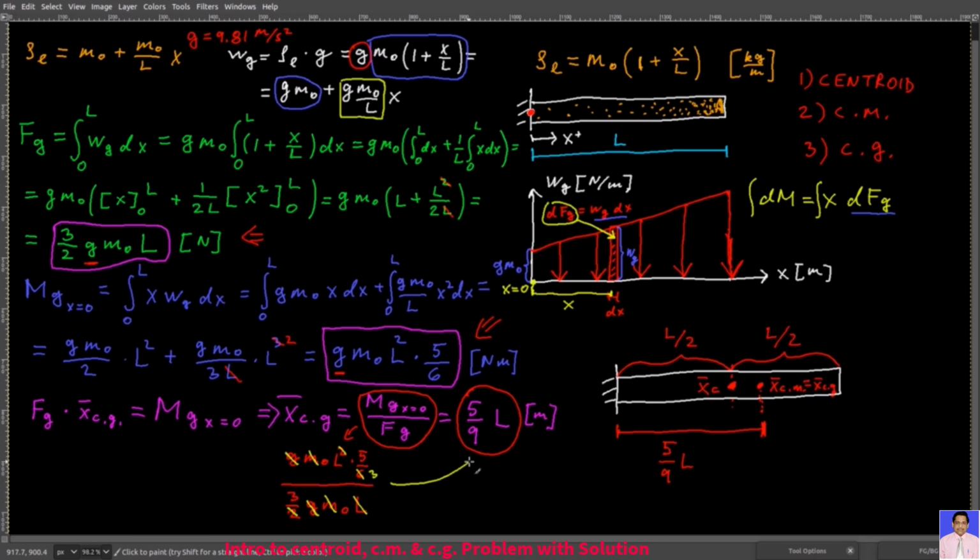And so you ended up with this expression both for the center of mass and the center of gravity. This g played no role in calculating your x bar cg because it got cancelled out both in the numerator and the denominator. So x bar cm equals x bar cg. However, it does not equal x bar c. The centroid is different here.